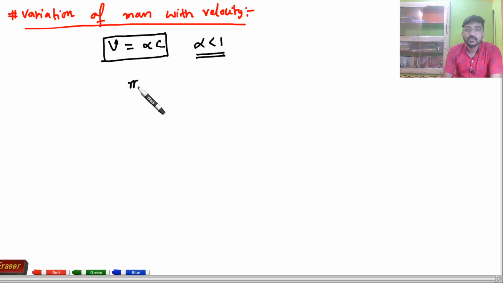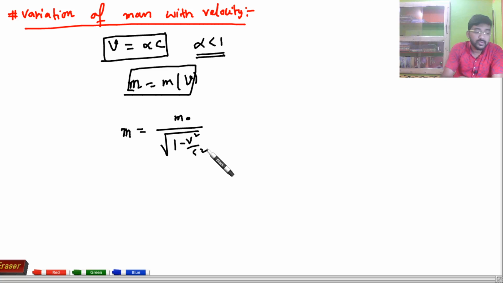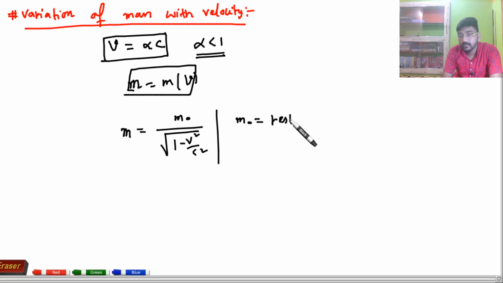The mass of the particle will be a function of v, and this is related by the equation m is equal to m naught divided by root 1 minus v square upon c square, where m naught is the rest mass of the particle and m is the moving mass.